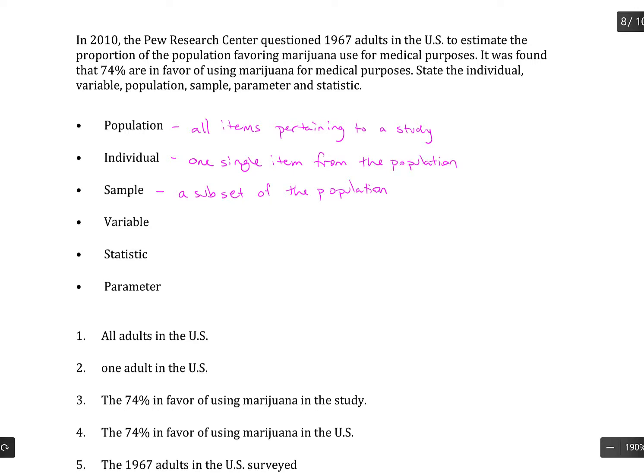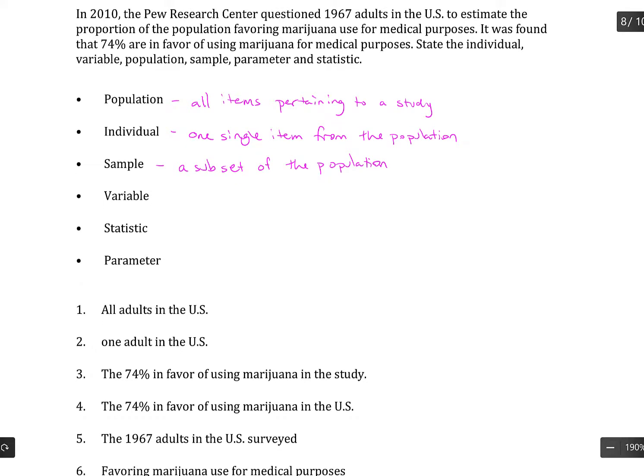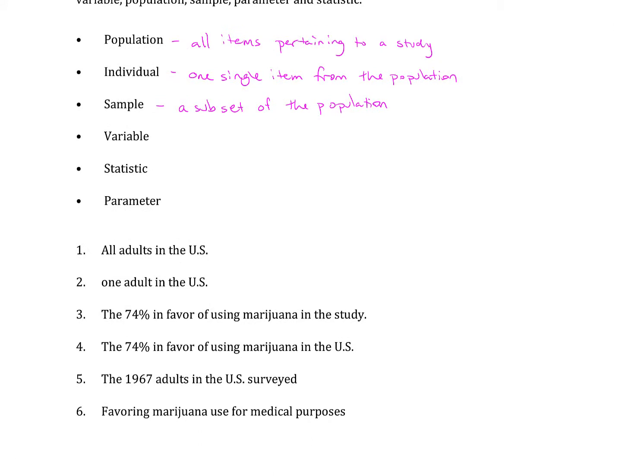So let's see if we can identify which of these are provided in the following. So first we have all adults in the United States. So I would say that is our population, because that is all the items that pertain to this study.